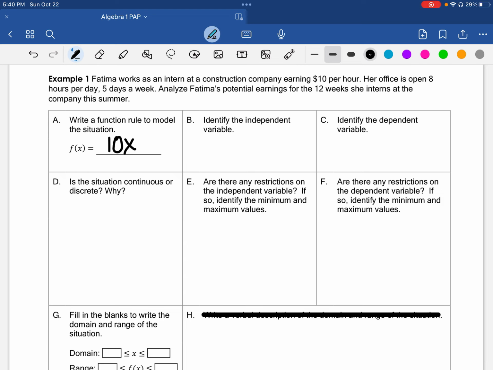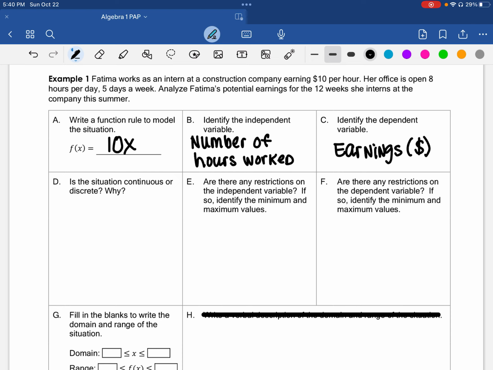Identify the independent variable. The independent variable is going to be the number of hours worked. Identify the dependent variable. This is going to be her earnings, or the money that she's making.